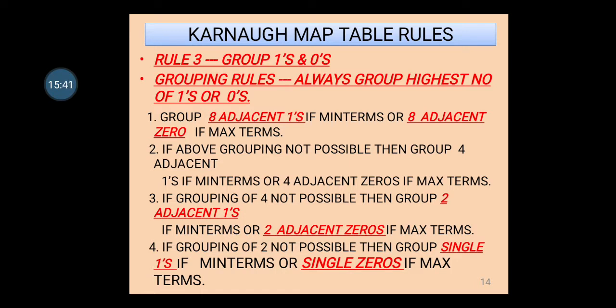And if 2 ones are not available, then you have to group a single one, if the given equation is SOP. Otherwise, you have to group zeros according to the same rule. Maximum 8 are allowed. If 8 is not possible, then 4. If 4 is not possible, then 2. And if 2 is not possible, then single.